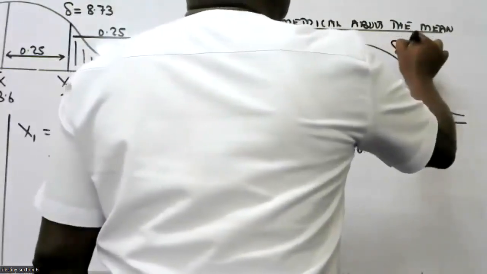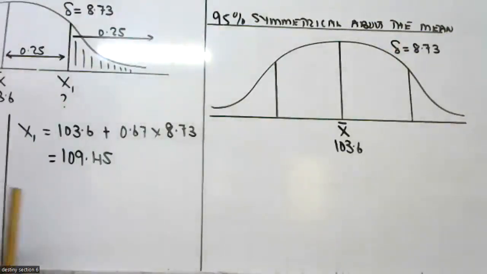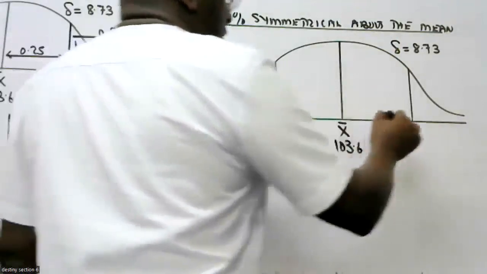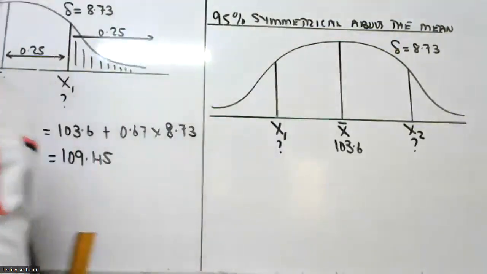This is the standard deviation, 8.73. Now this X1 is unknown and this X2 is also unknown.